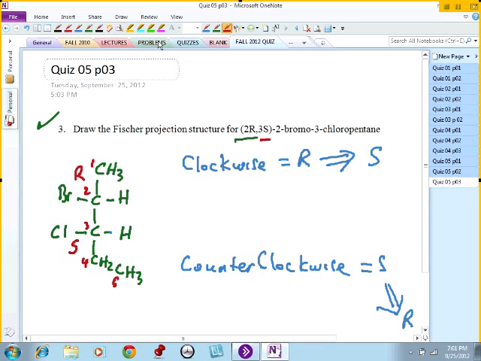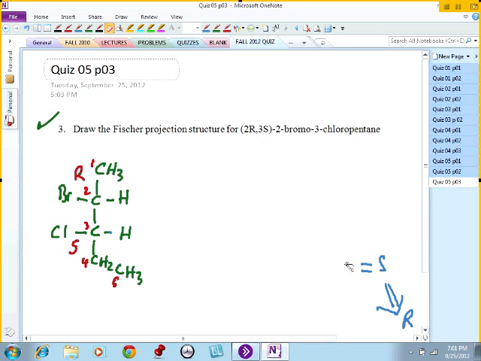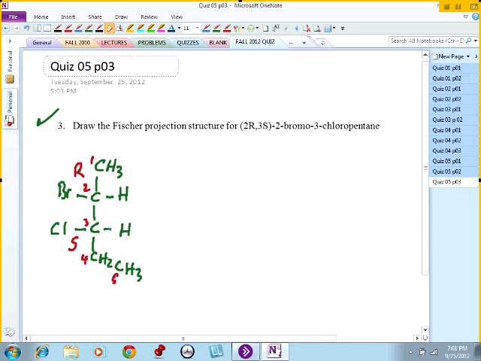The example we're just giving you here is an example in which you have two chirality carbons in the molecule.